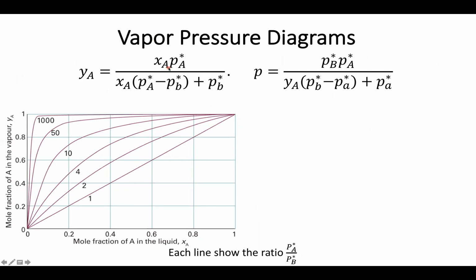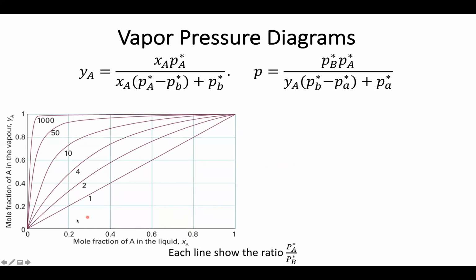So if I have a system where the ratio of the vapor pressures of the pure systems of A and B are equal, which is another way of saying that A and B are equally as volatile, they're equally as likely to evaporate.